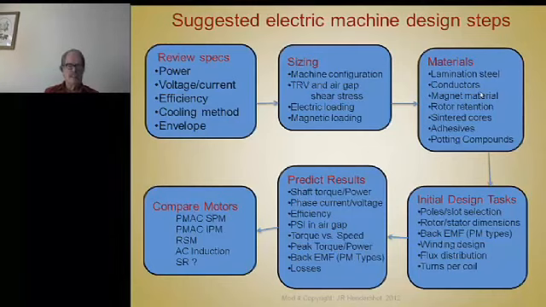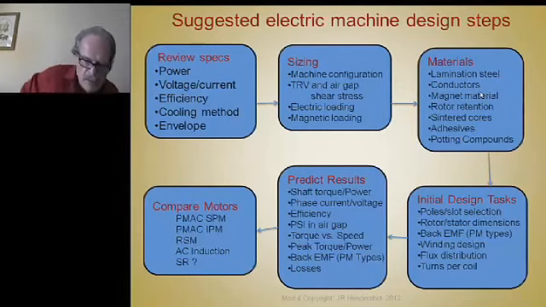And what efficiency goals are required, and what cooling methods are required, and what the envelope and the environment look like, and the mounting, and are there any heat sources? Frequently a motor might be connected to a gearbox or a transmission or an engine, an IC engine or a jet engine, so which is producing the most heat? Is the heat coming from the electric machine, or is it coming from the turbine engine?